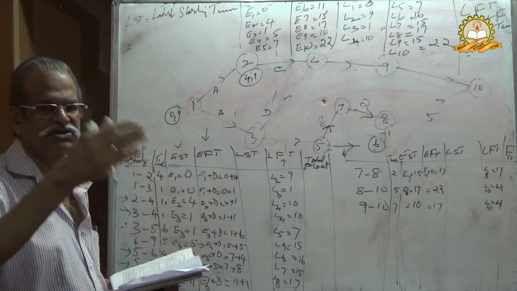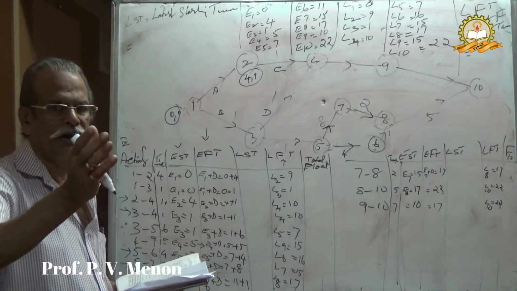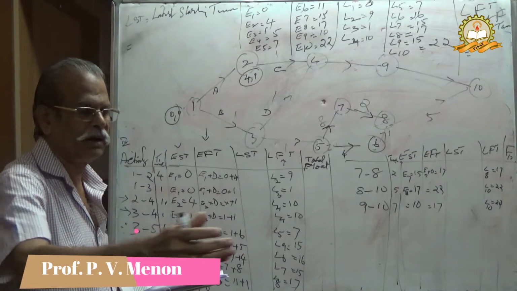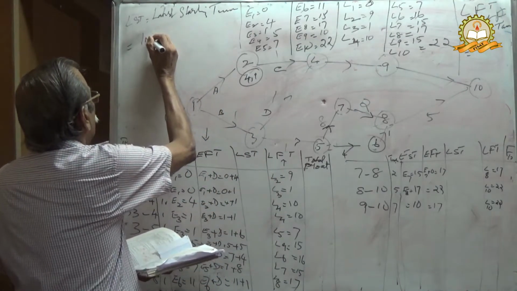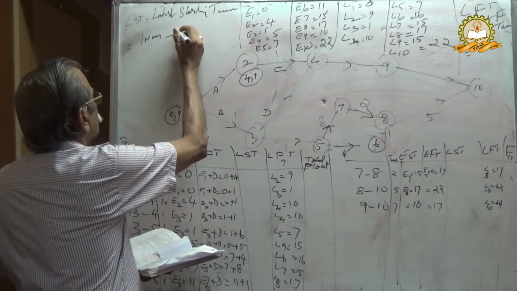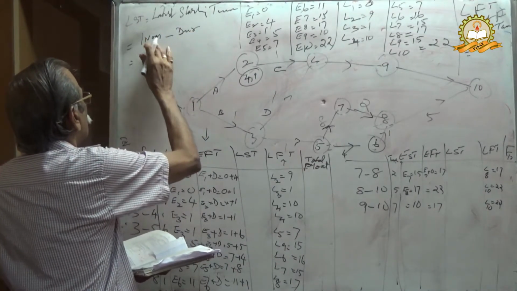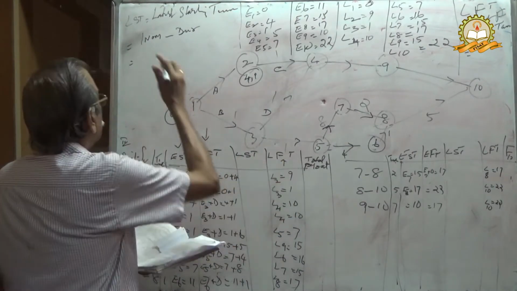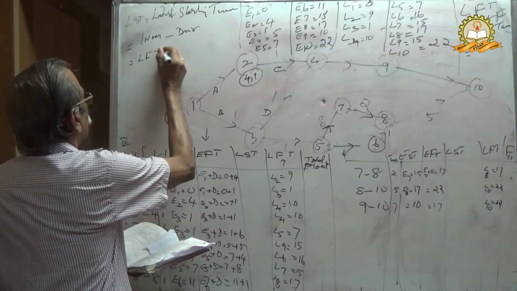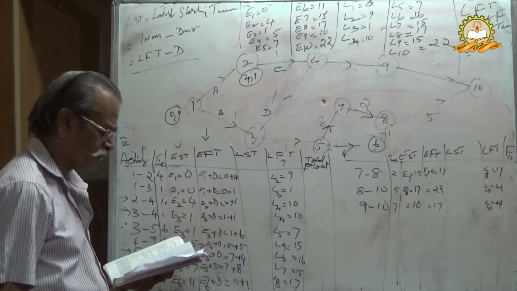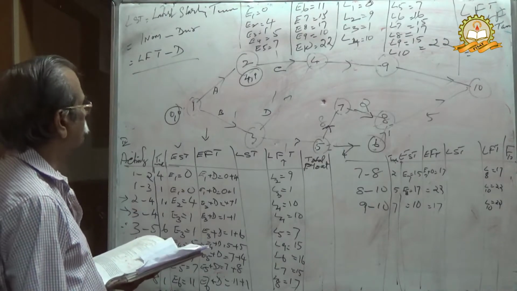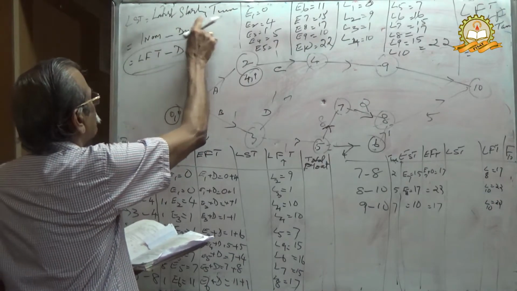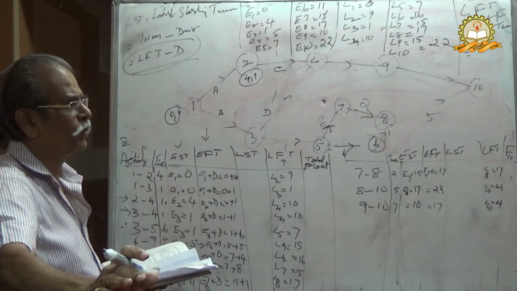Therefore, latest starting time is 1 noon minus duration. Normally that is called LFT, so LST equals LFT minus duration. You can even remember this: latest starting time. You will have to finish by 1 p.m.